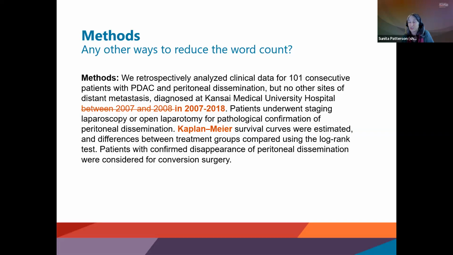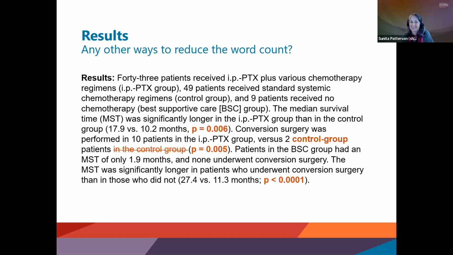abstract. We were at 261, and now you can see that we have made the change here from 4 words to this counts as 2 words, and I'm going to change that dash to a hyphen in Kaplan-Meier, and that brings us down to 258 words.